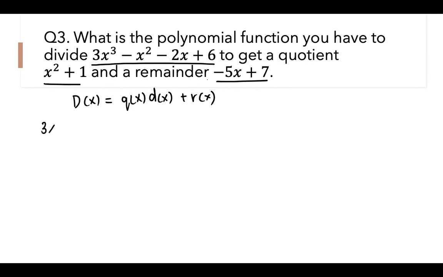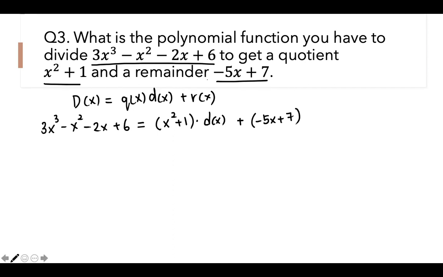So dividend, 3x cubic minus x squared minus 2x plus 6, and a quotient, which is x squared plus 1. And we're looking for a divisor, which I'm going to put as d of x, and then plus negative 5x plus 7. We are going to isolate for d of x.